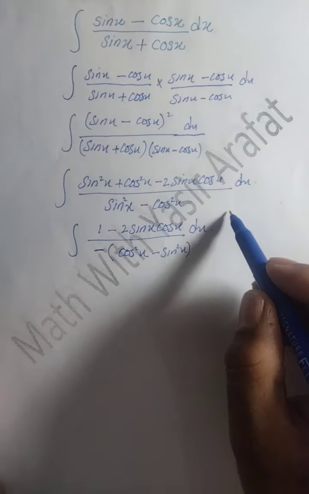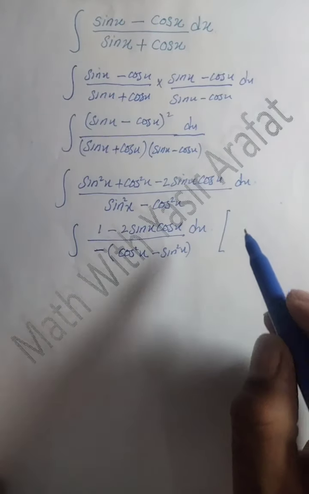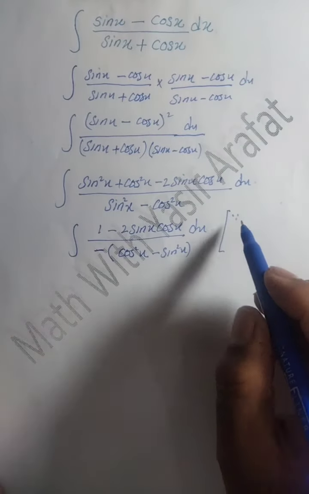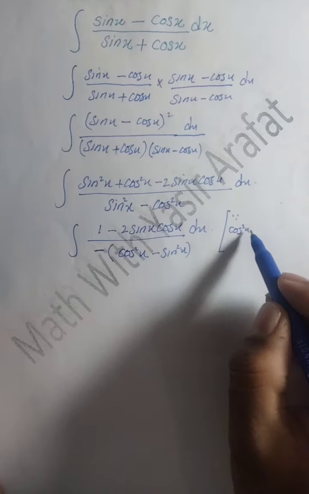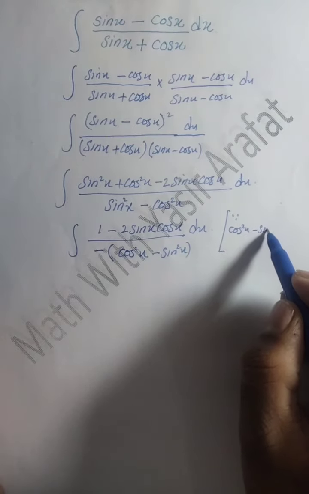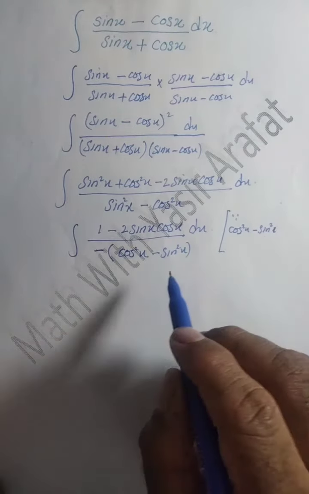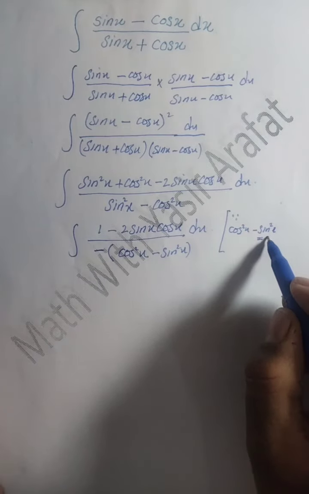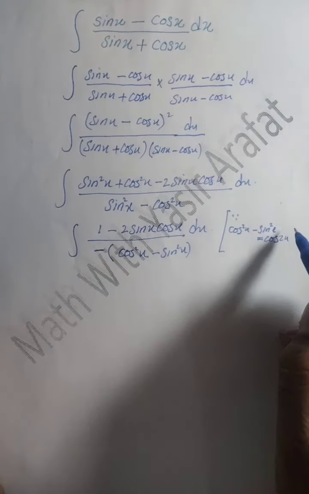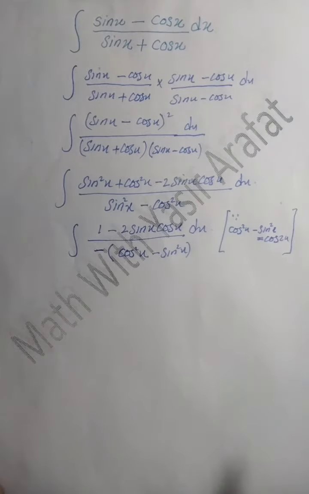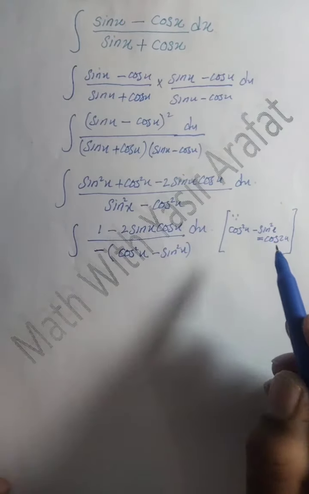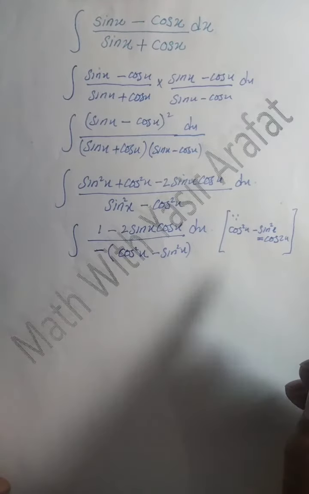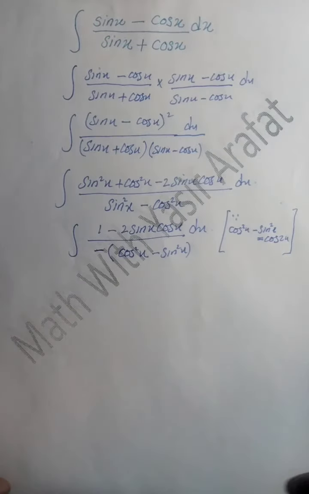We have a formula here, because cos square x minus sin square x is equal to cos 2x. We have a formula which we have discussed in first year: cos square x minus sin square x is equal to cos 2x.